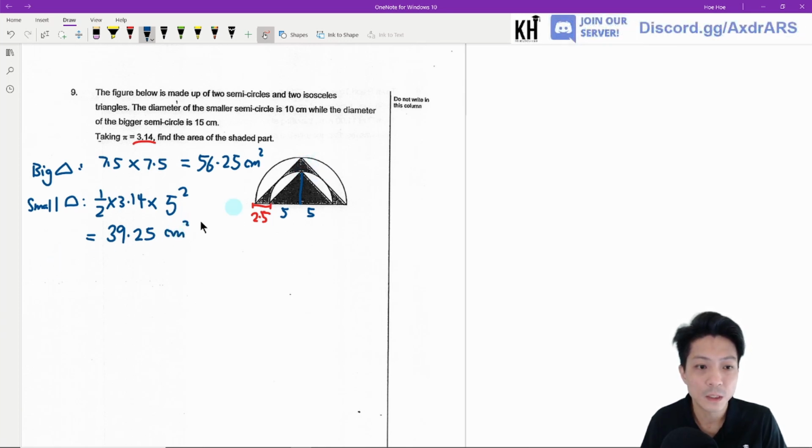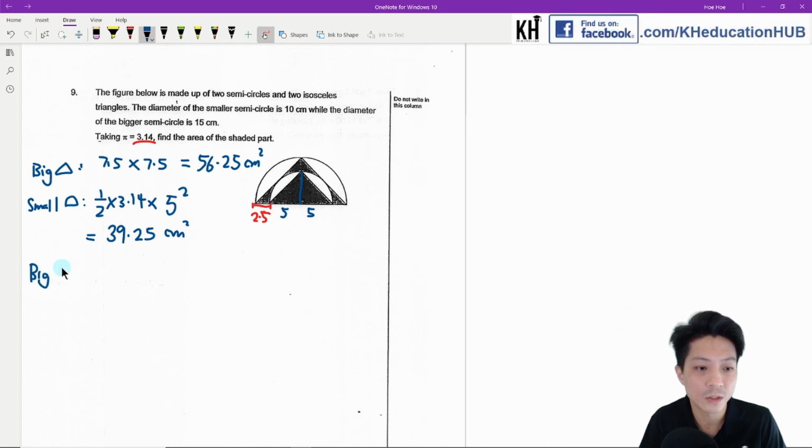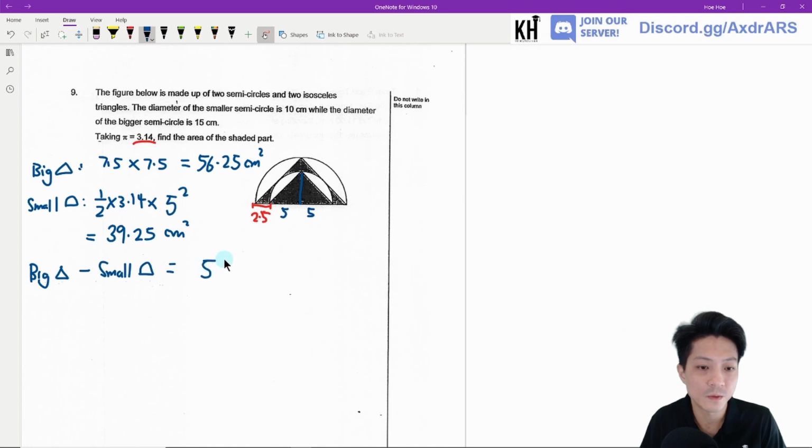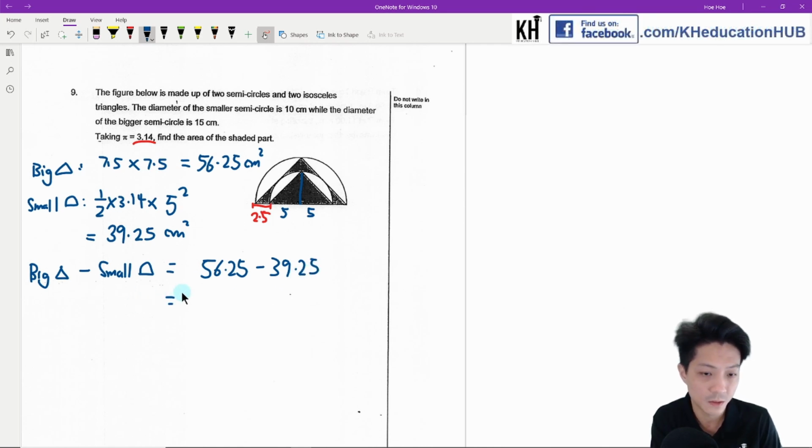So to find the shaded area of the outside, I'm gonna use the big triangle minus the small semicircle, which is 56.25 minus 39.25, and that's gonna give me 17.